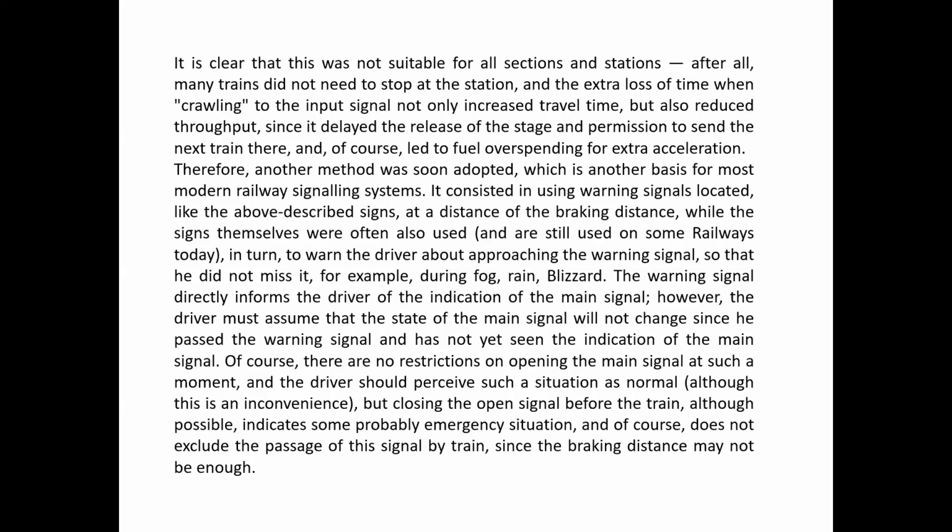For example, during fog, rain, or blizzard, the warning signal directly informs the driver of the indication of the main signal. However, the driver must assume that the state of the main signal will not change, since he passed the warning signal and has not yet seen the indication of the main signal.